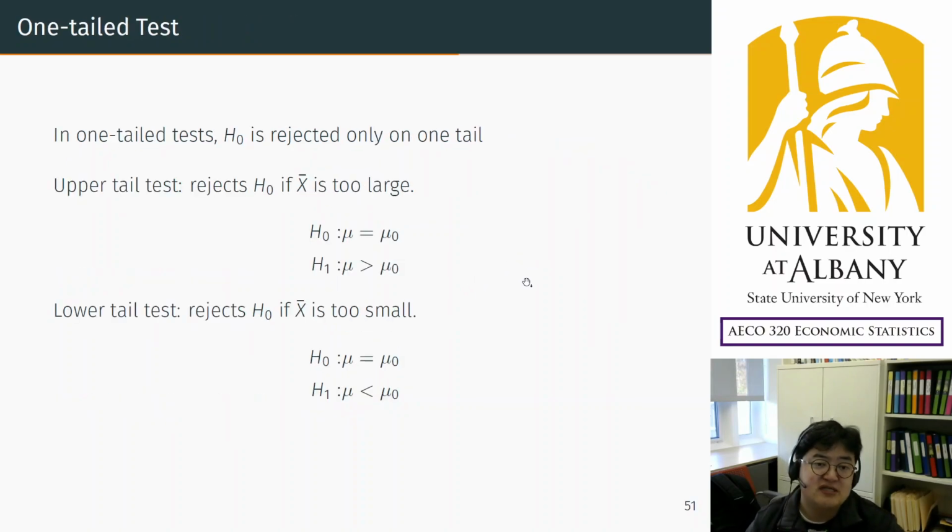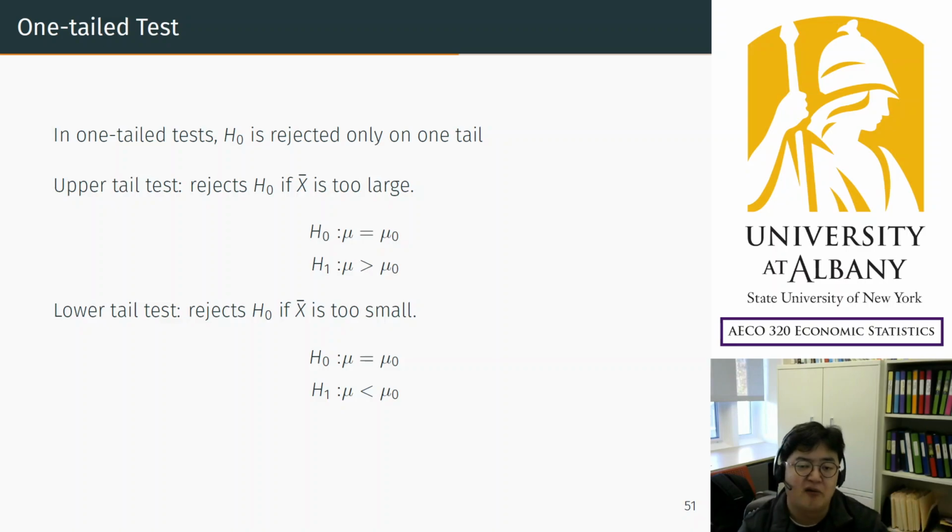We call this a one-tail test because we are rejecting only on one tail. You may think about an upper tail test or a lower tail test. What we just saw was a lower tail test because we reject only on the lower tail. Upper tail is not my business.